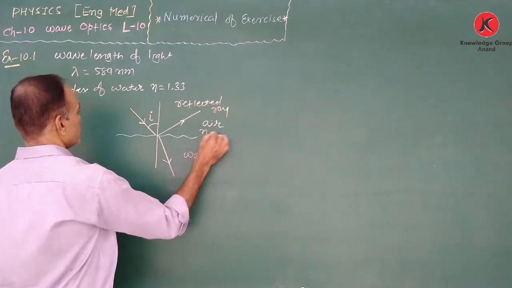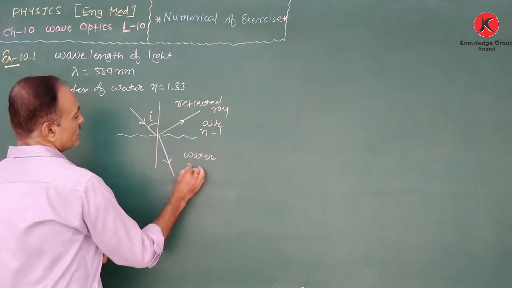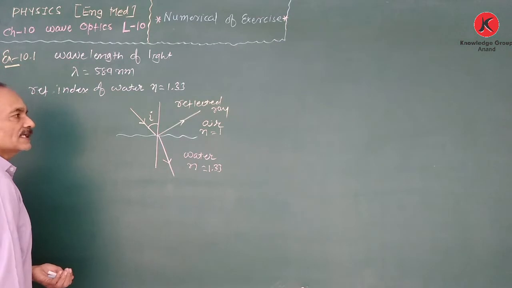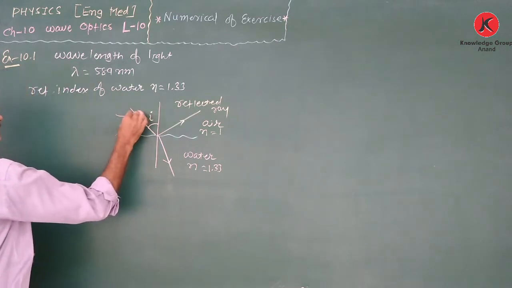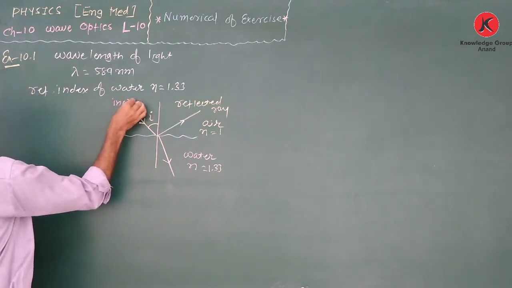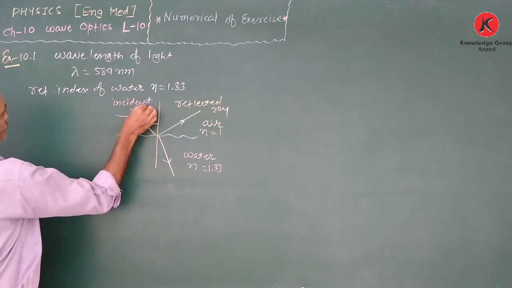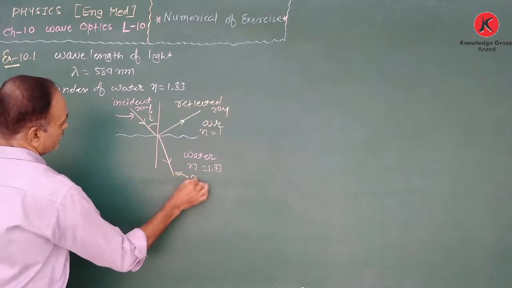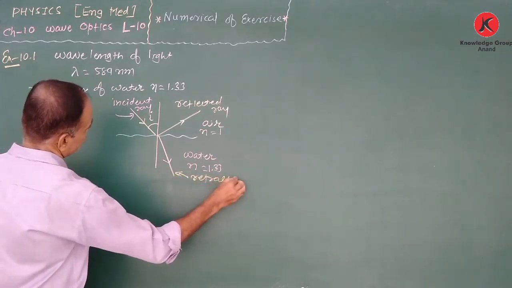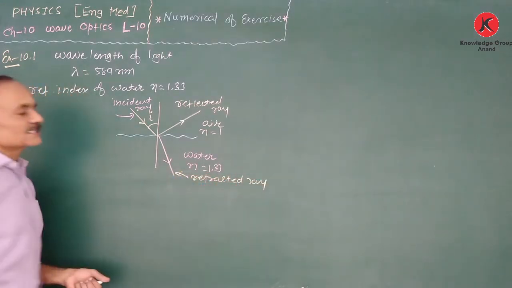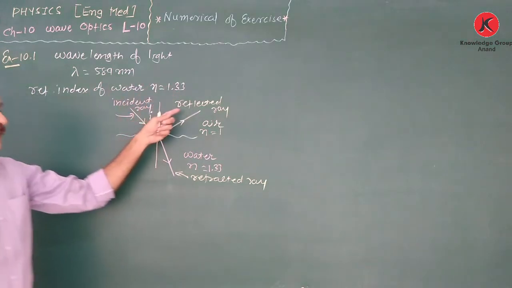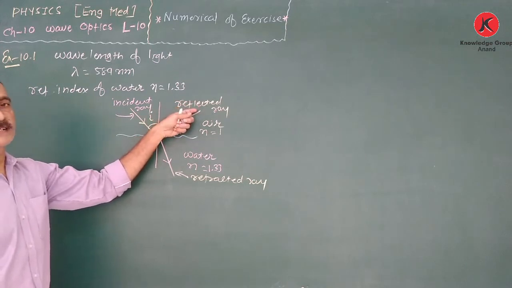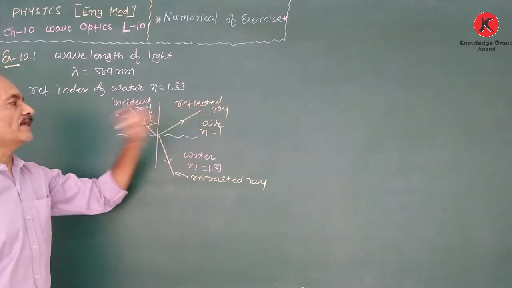The refractive index of air is 1 and for water n is 1.33. Here is the incident ray and that is the reflected ray. This figure is only for understanding. Here we have to find out the wavelength, frequency and speed of the reflected ray.